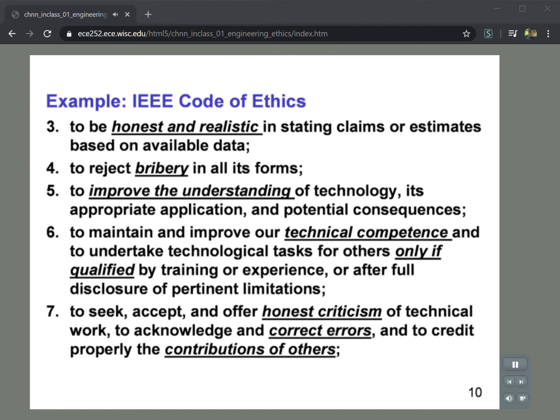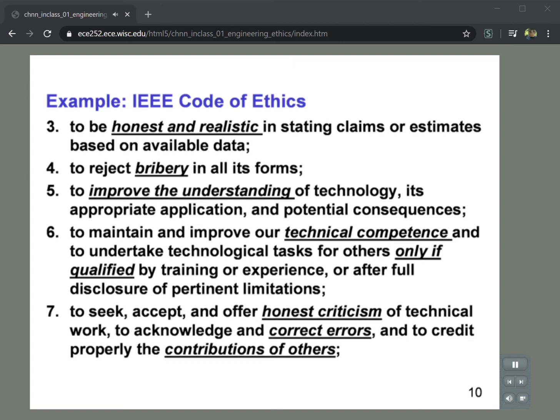The seventh clause here then is really about providing honest feedback or honest criticism, both to accept it and to offer it to others, so that when we're asked to review the work of others or when others are reviewing our work, we will honestly acknowledge any errors and correct any errors, and we will also credit properly the contributions of others.